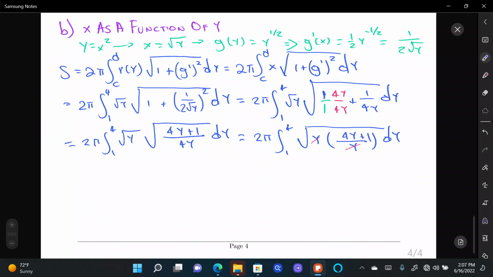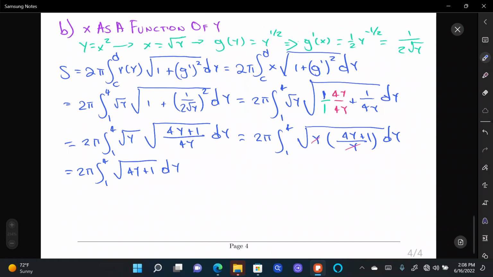That's going to give us simply 2 pi, the integral from 1 to 4, square root of 4y plus 1 dy. Alright? And the integral is a lot simpler than it initially looked.